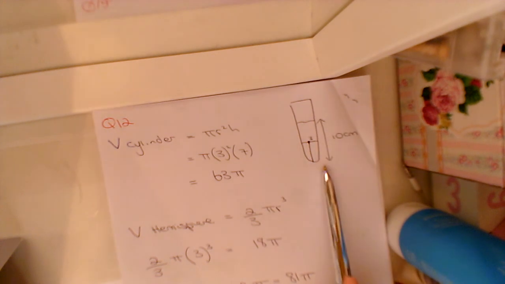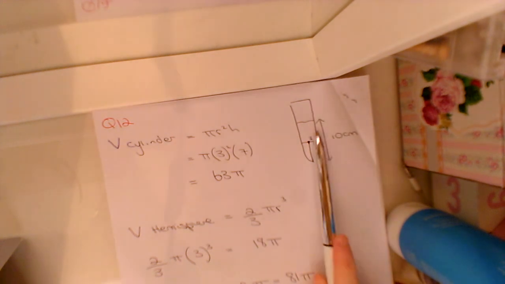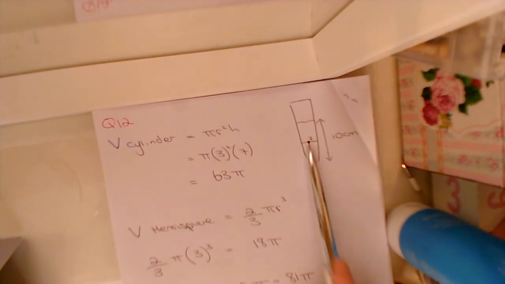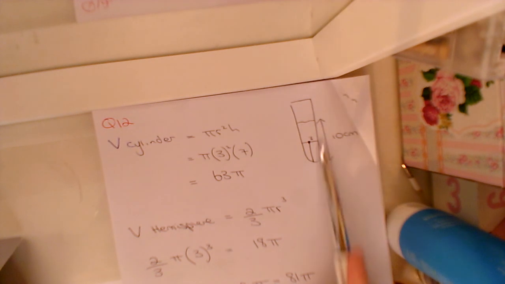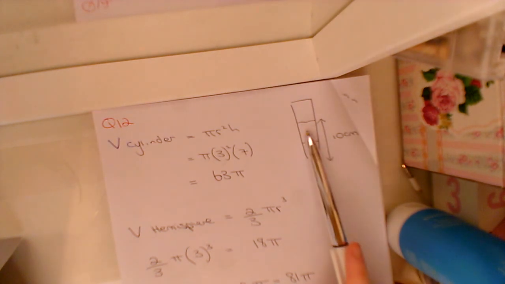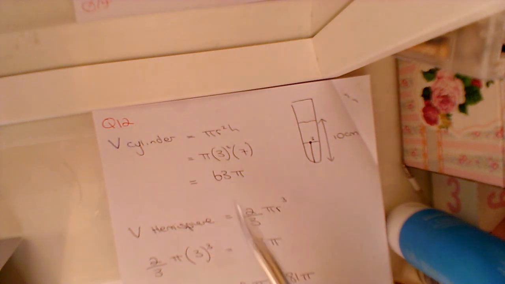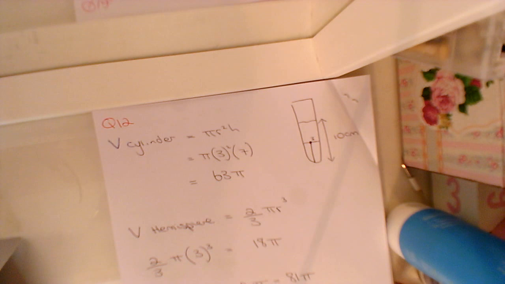So here, the full height of this water is 10, but I know that this hemisphere has a radius of 3, so that means going down this way it also takes up 3, so 10 take away 3 to find out what height of the cylinder we're actually dealing with is 7. So I have pi 3 squared 7 and I get 63 pi for my cylinder.